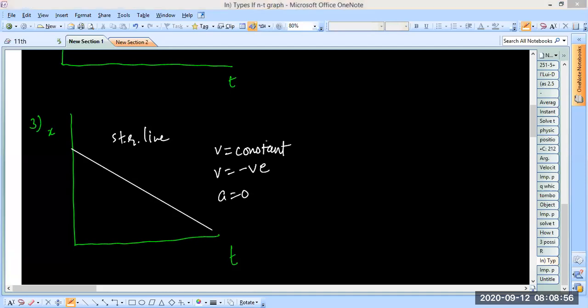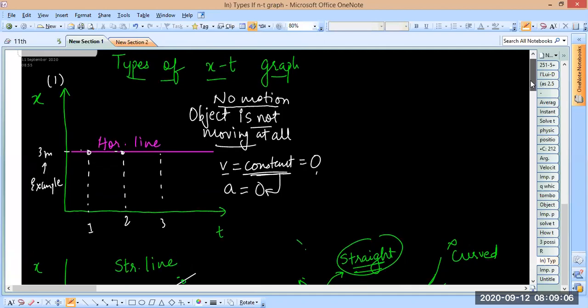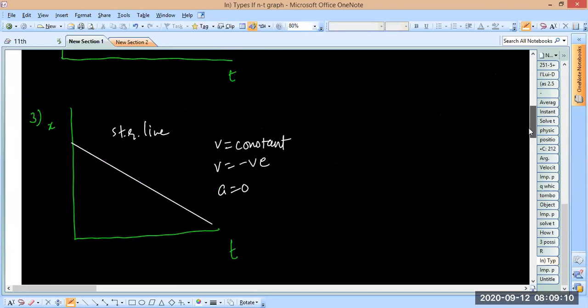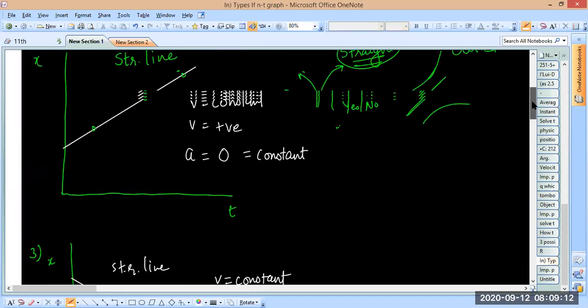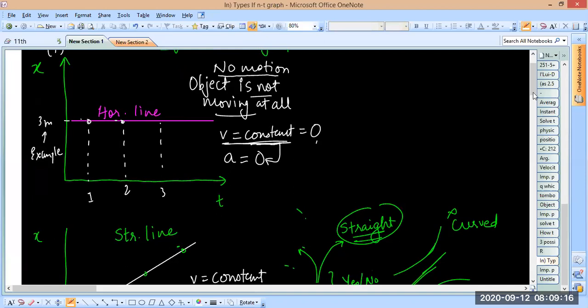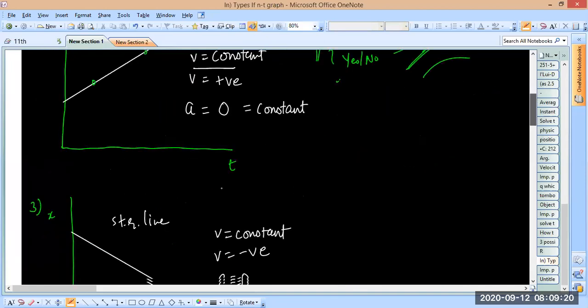All right. So if you look at the cases that we have talked about so far, here first one, see the graph is a straight line. Here also it's a straight line. Here as well it's a straight line. So one thing is clear: whenever the x-t graph is a straight line, the velocity will be constant. Correct? That is something you should never forget.